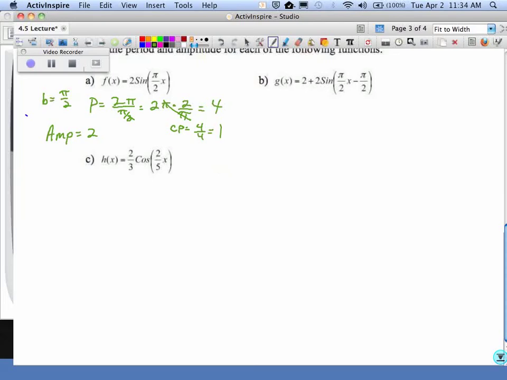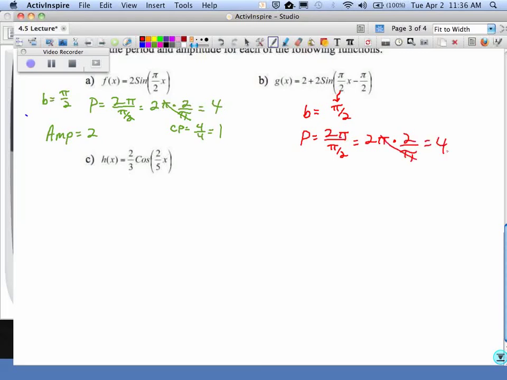What's my B value in part B? Pi over 2, right? And it's this pi over 2 here. So then the period of the function is 2 pi divided by pi over 2, and I get the same thing, 2 pi times 2 over pi, 4. Critical points will then be 4 divided by 4, which is 1.